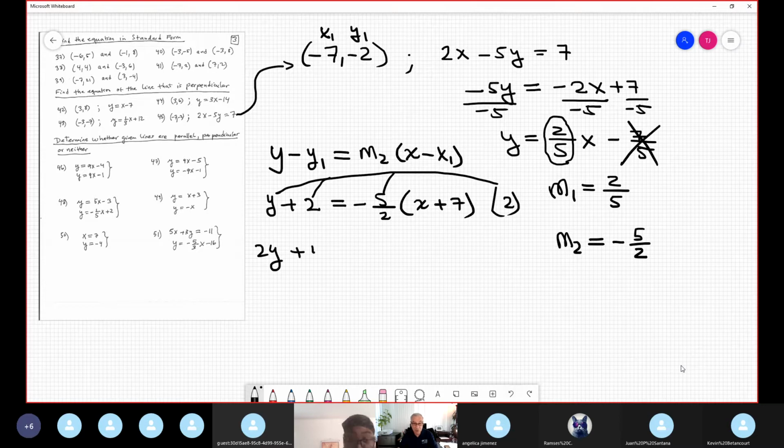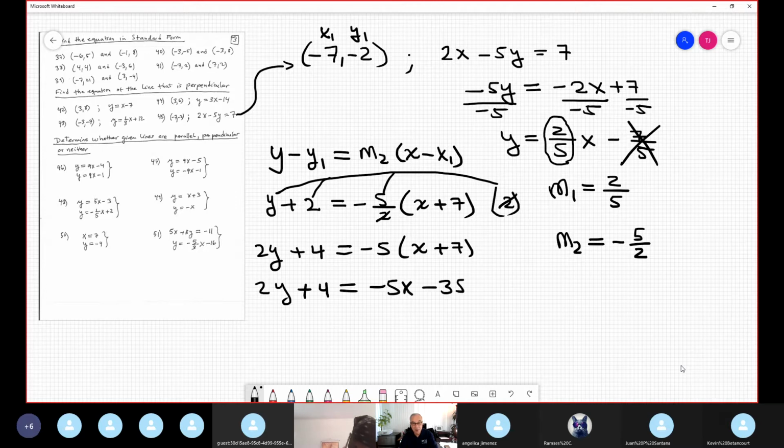So 2y plus 4, and this is negative 5. These two disappear. You know why. Parenthesis x plus 7. Okay, now distribute the property: 2y plus 4 is equal to minus 5x minus 35. Multiply this because I want to remove parentheses.